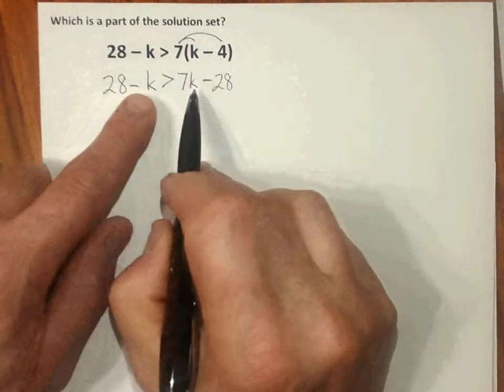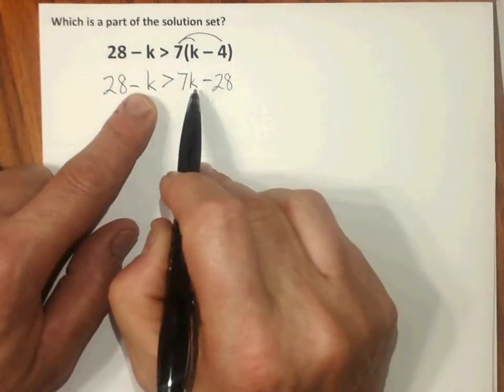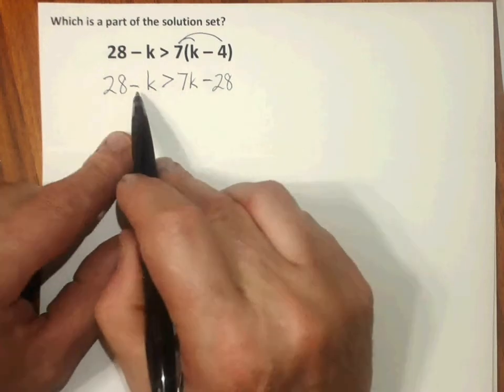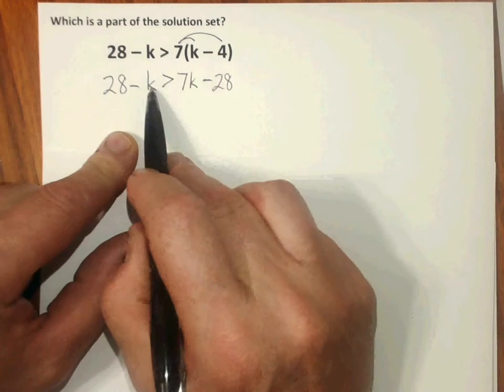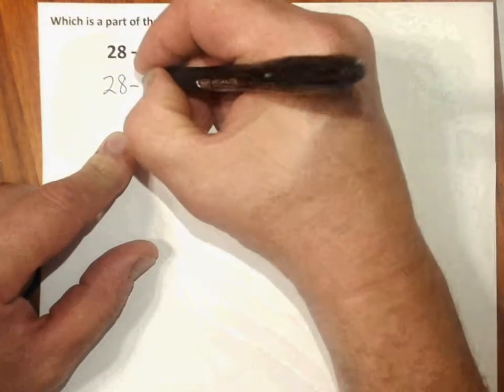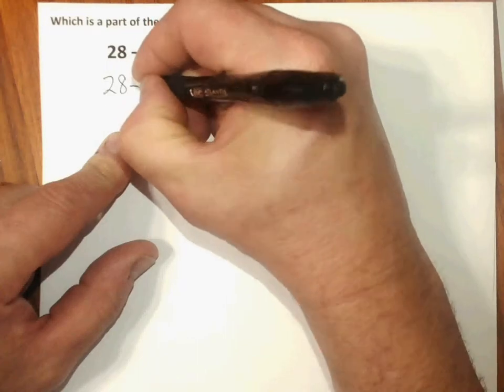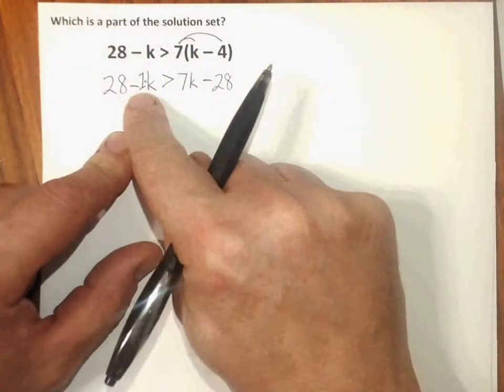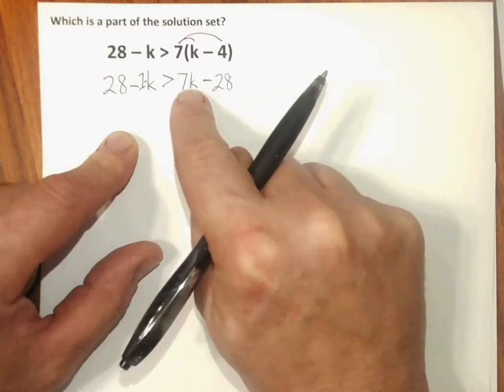So now I have variables on both sides. I would strongly suggest that you move the smaller of the two. Remember, there is a number in front of this variable. This is a single k, so that means I have one of them. So I have a negative 1k here and a positive 7k here.